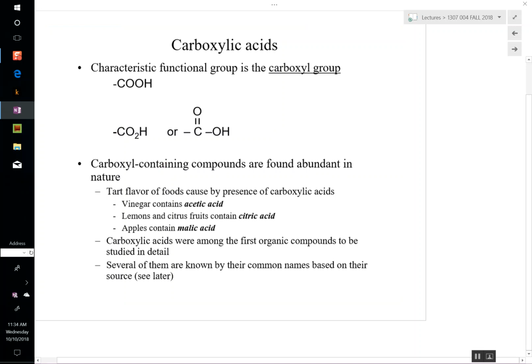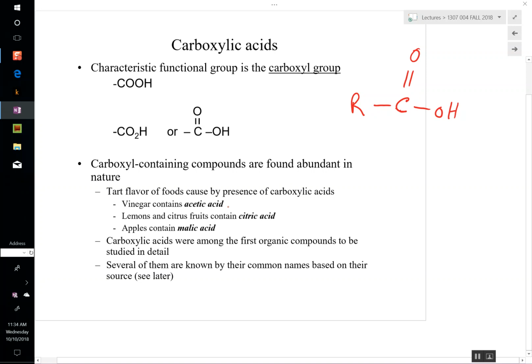Carboxylic acids. The carboxyl group. What that group looks like is like this. That's the carboxyl group, and you could write an R there, which means wherever you see a carboxyl group like that, you are looking at a carboxylic acid, where the R is some other organic substituent or a hydrogen.